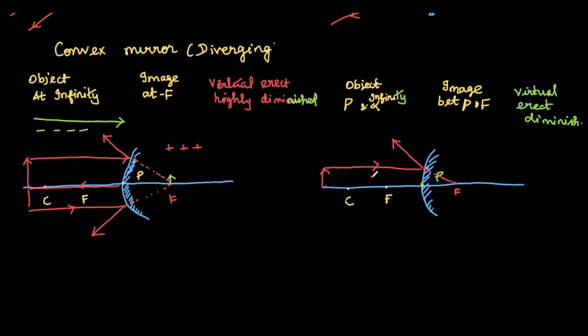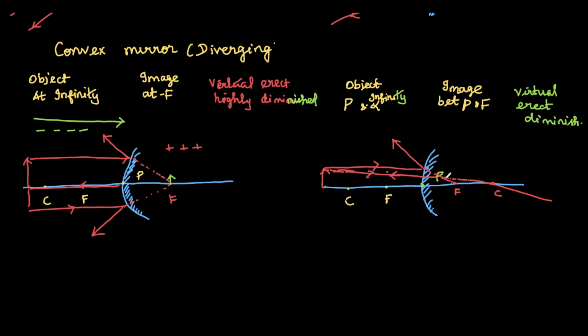One more light ray will be passing through the C. When the light ray passes through the C, it will come back in the same line, reflected back in the same line.